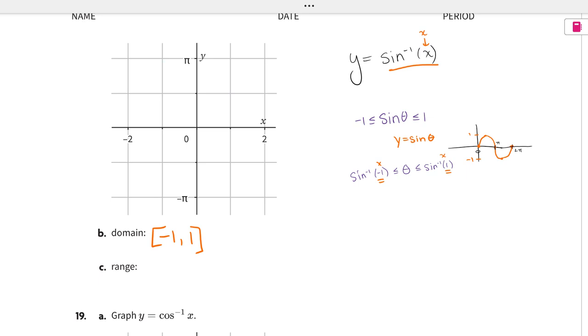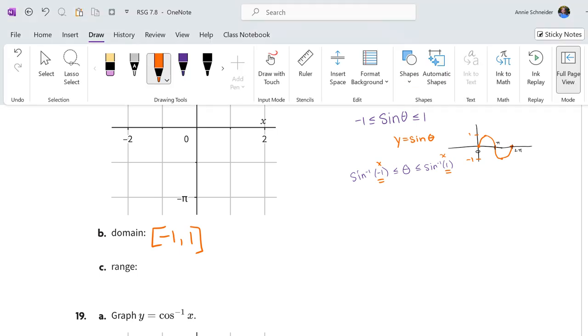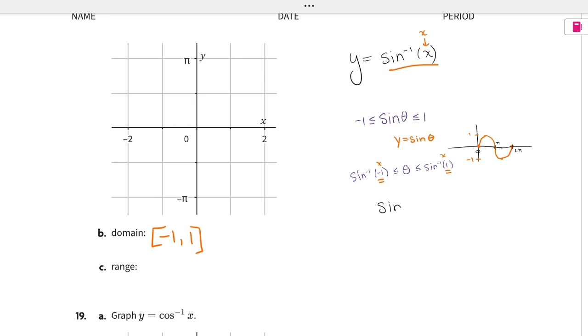Okay, so remember when we did sine inverse, we already said that the highest value of theta we get is pi over 2, and the lowest value of theta we get is negative pi over 2, right? We explained that that's where it's a positive sign and a negative sign.